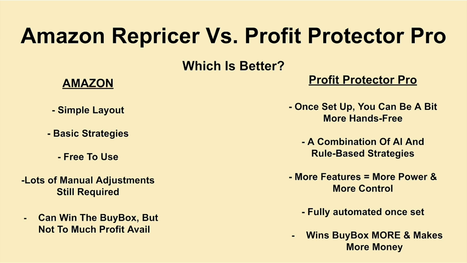So for example, you can set a series of preset actions in there whereby if that scenario comes true, it will act upon whatever it is that you've told it to do as an action if that scenario is to occur. So it's one less thing for you to do. You don't have to remember to check this listing for if this scenario occurs. You can set that up and Profit Protector Pro will do that stuff for you. It wins the buy box more and makes more money, and that is due to the AI-powered strategies.